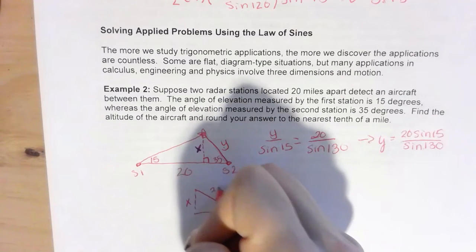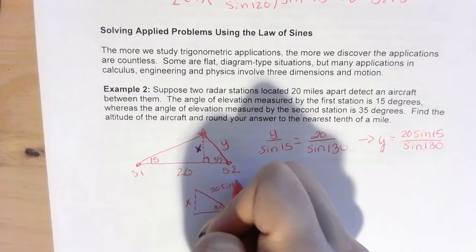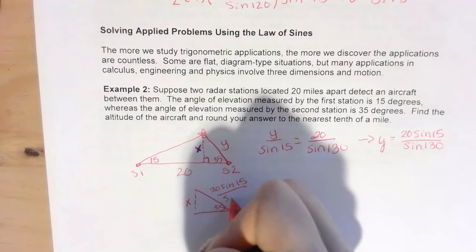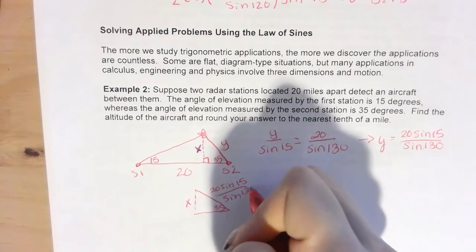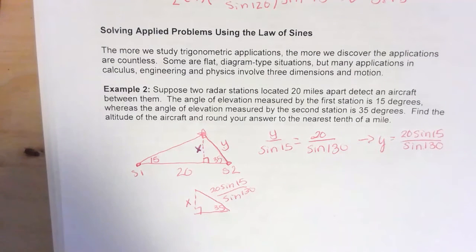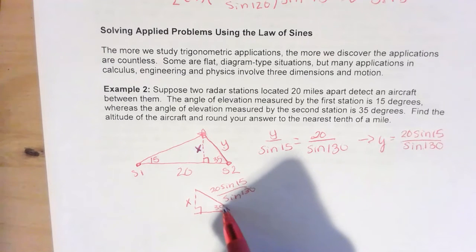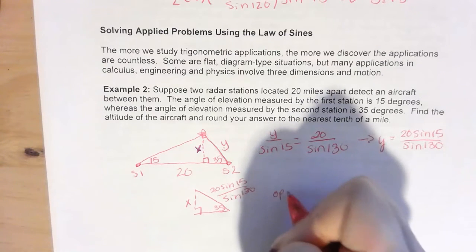Y is this 20 sine of 15 all over sine of 130. So if we look, now we can use our right triangle trig, right? We have 35, so we're going to use this angle. And as you can see, we need to find the opposite.